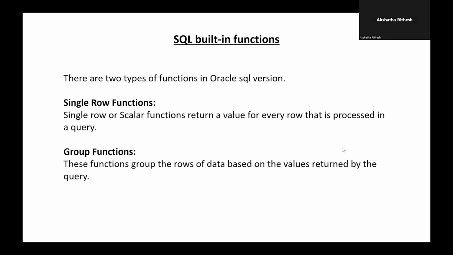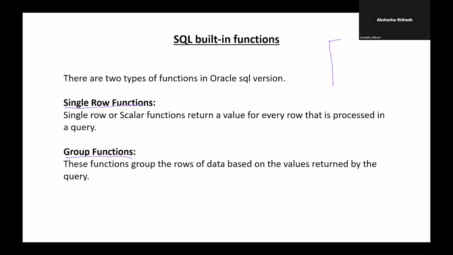So, SQL built-in functions. What do you understand by a built-in function? It is nothing but certain functions which are given by SQL, which are built-in, and we can use them for any purpose if we require to do so, isn't it? So there are two types of functions in the Oracle SQL version: single row functions as well as group functions.